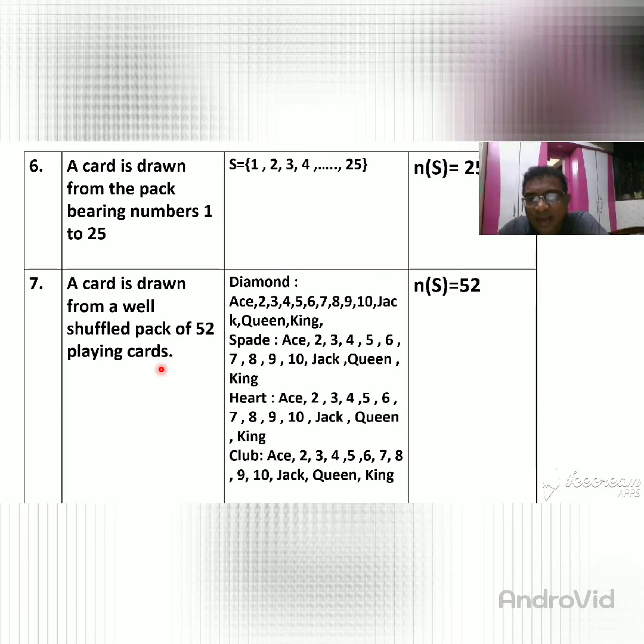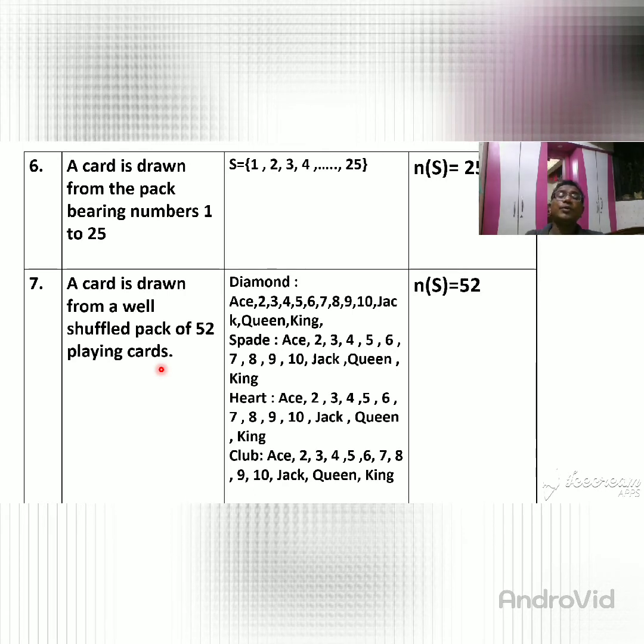So that is the cards we are talking about. Well shuffled means the cards are shuffled well so that all the cards are mixed with each other. So you cannot say which card is coming next. That is called well shuffled. So they have 52 cards. So the number of S is 52.